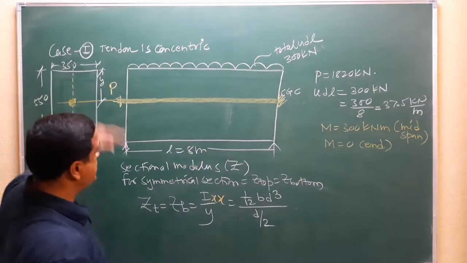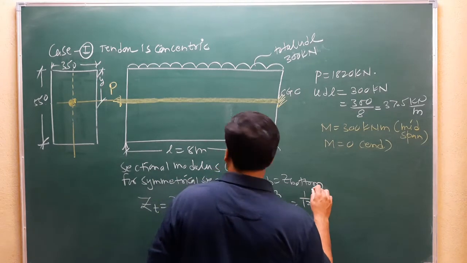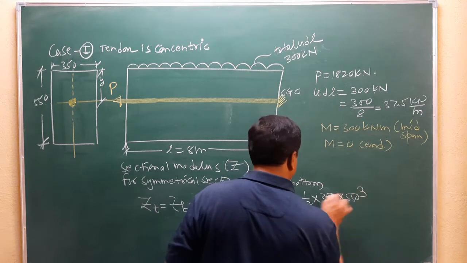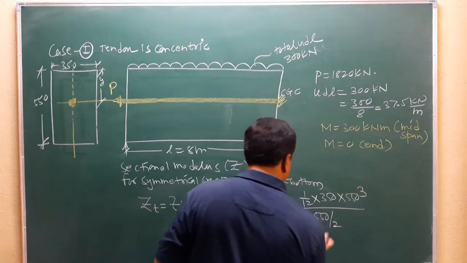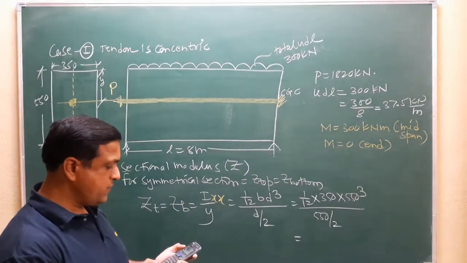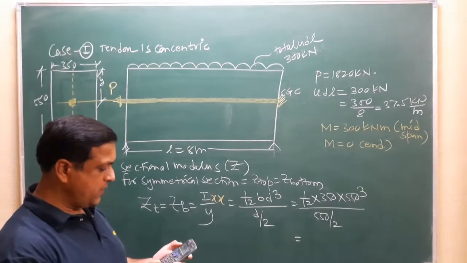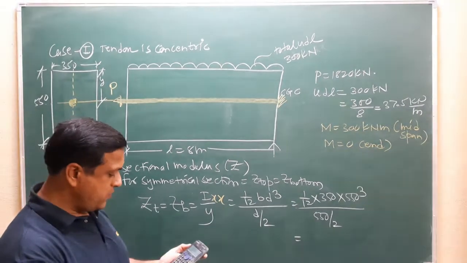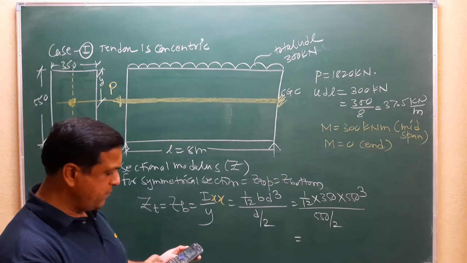Now I am going to calculate it. 1 by 12, width is 350, depth is 550 cube, divided by 550 by 2. So I will calculate 1 by 12 into 350 into 550 cube.